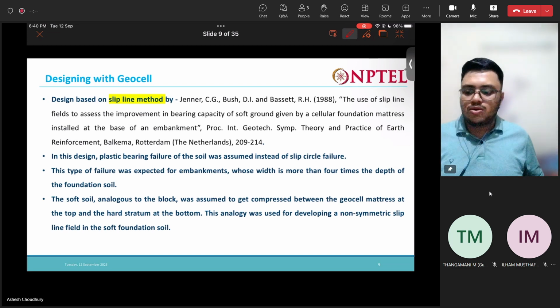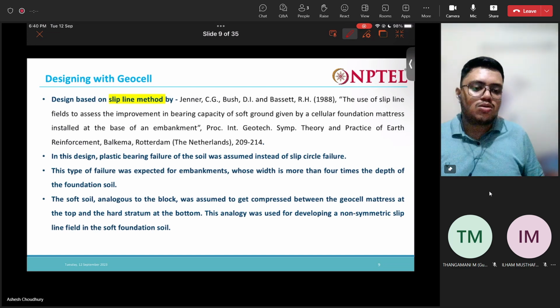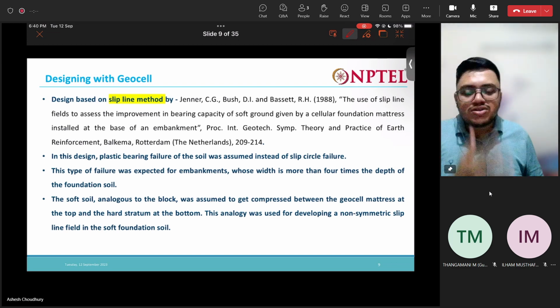If you ask me what the slipline method is, this is actually a little bit of an advanced topic that comes from the plastic equilibrium of soils. This is also known as the method of stress characteristics. At the very basic level, what we do is try to get the equations of the failure circuit.